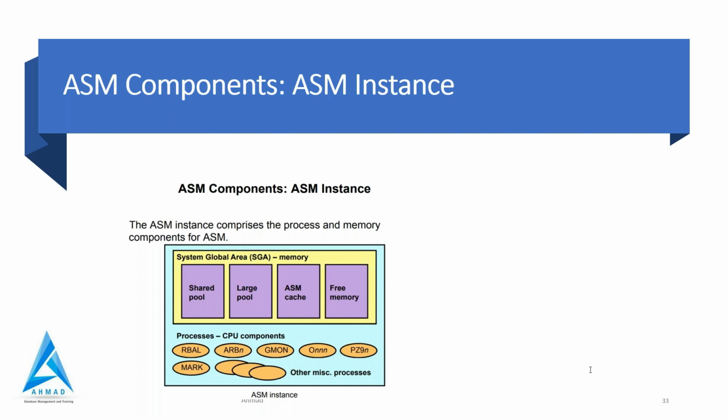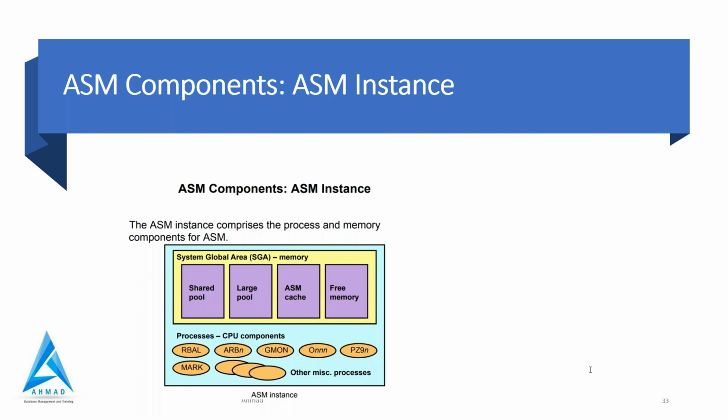So Avinash's answer is to the mark: the ASM instance memory, or you can say ASM SGA, is less than the database SGA. The ASM SGA has shared pool, large pool, ASM cache, and free memory. These are the four components. And for ASM processes we have RBAL, ARBn, GMON, Onnn, PZ9n, MARK, and other miscellaneous processes.